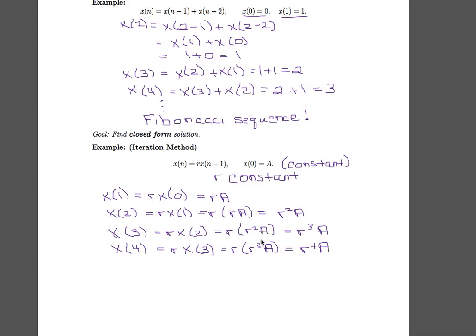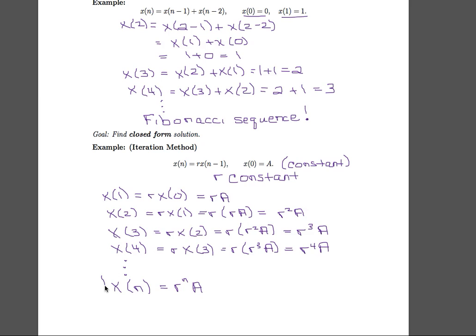And so maybe now you see, oh, every time we just increment the power of r by 1. And in fact, if you look from x1 to ra, x2 to r squared a, x3 to r cubed a, x4 to r to the 4th a, you might also notice that in fact, x of n is just r to the nth power times a.